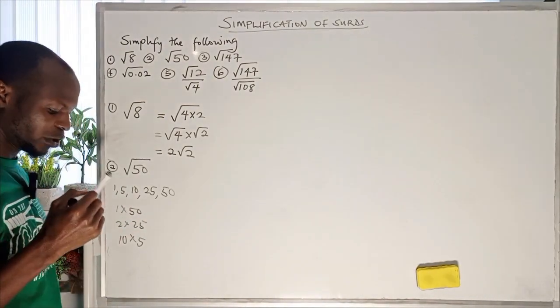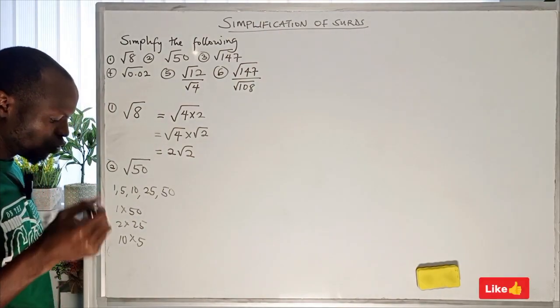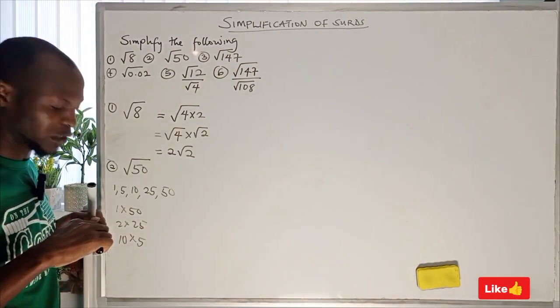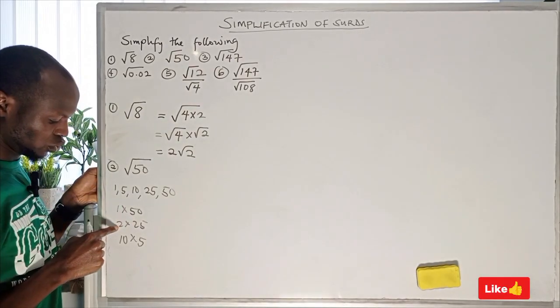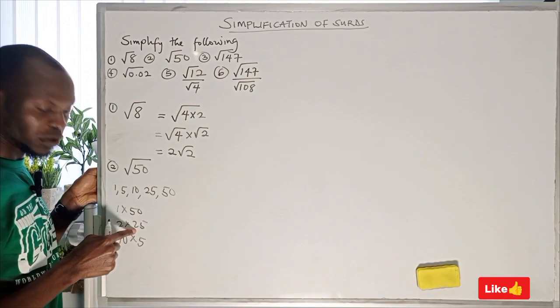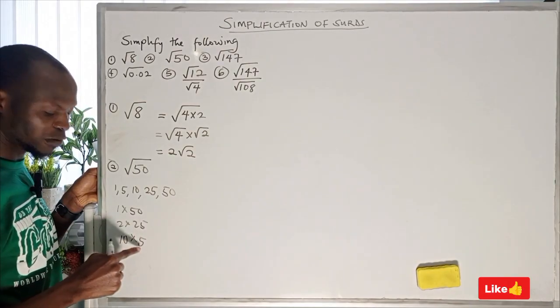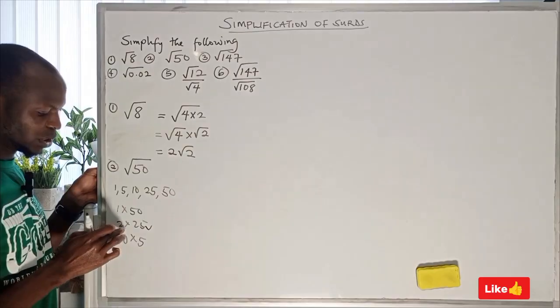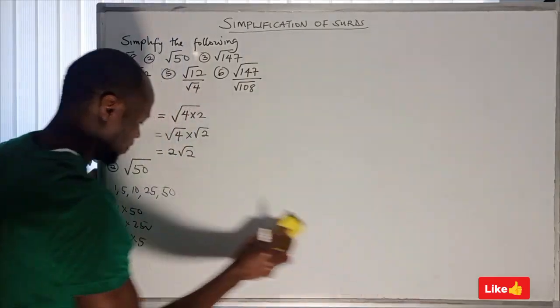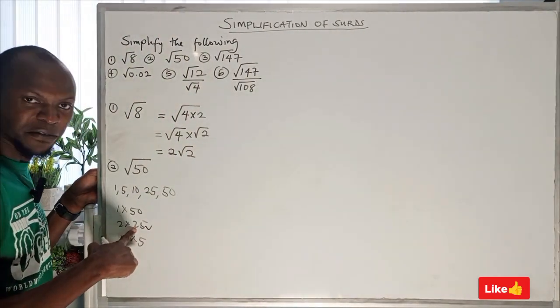If you check all this, now, which of them contains a perfect square? 1 is a perfect square, but 50 is not. Now, 2 is not, 25 is, 10 is not, 5 is not. So that shows I will be taking this. That's why I'll be taking 2 times 25, because one of it is a perfect square.